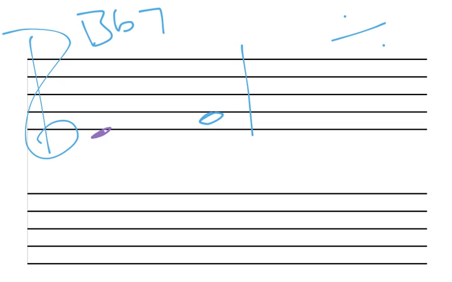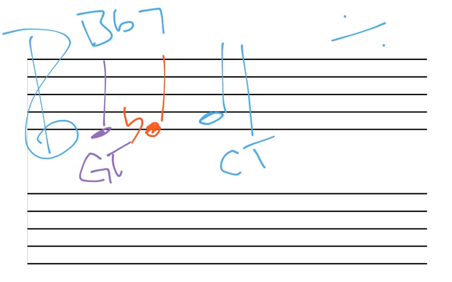Let's make this F a half note, and then this D, and now let's throw in our passing tone here. So there's going to be a bunch of debate over this passing tone that we'll talk about briefly. Right here I have, we'll fill it in as a quarter note, passing tone. So I'm going from guide tone to chord tone, and I'm putting a passing tone in between. Very cool.